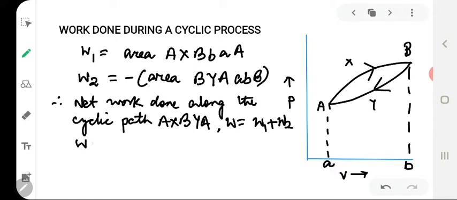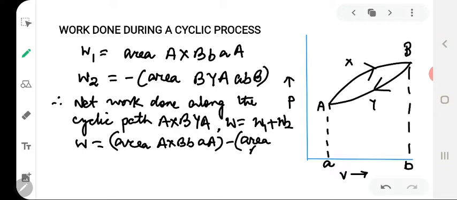On substituting the values, we get W equal to area AXBBAA minus area BYAABB, and that is equal to area AXBYA.